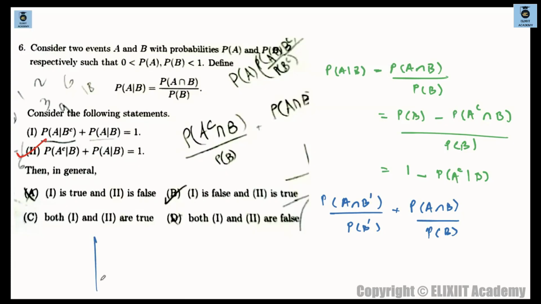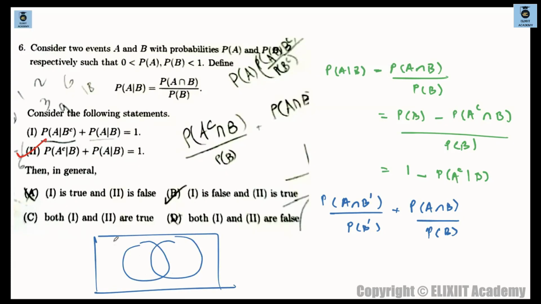Now you can verify this with the help of Venn diagrams. Consider the Venn diagram over here, with set A and set B. I'm giving some names: let's say the regions are X, Y, and Z, and the outermost part is W. Try to figure out what A intersection B complement is. It is basically X only.